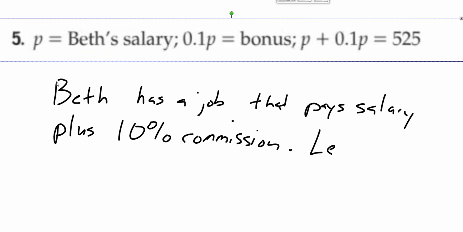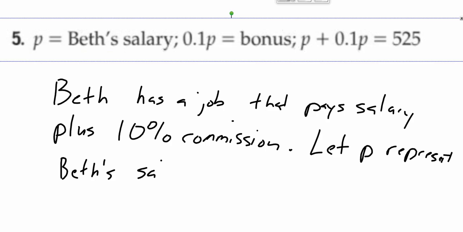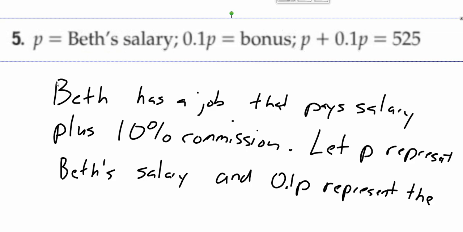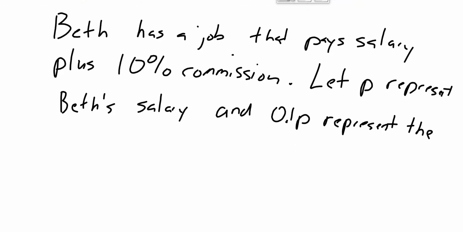Let's go ahead and say that P represents Beth's salary and 0.1p represents the commission Beth earns.